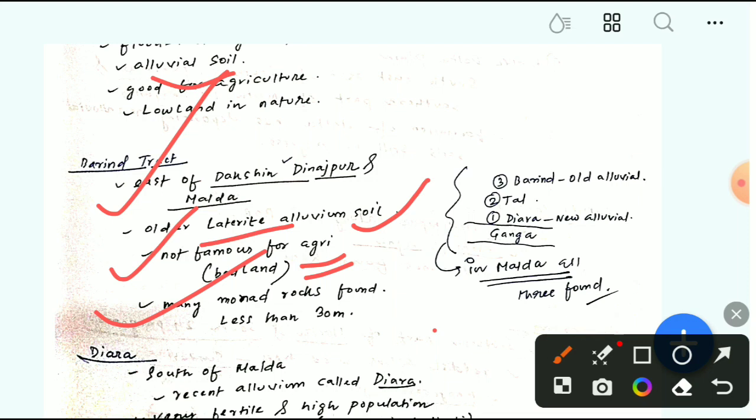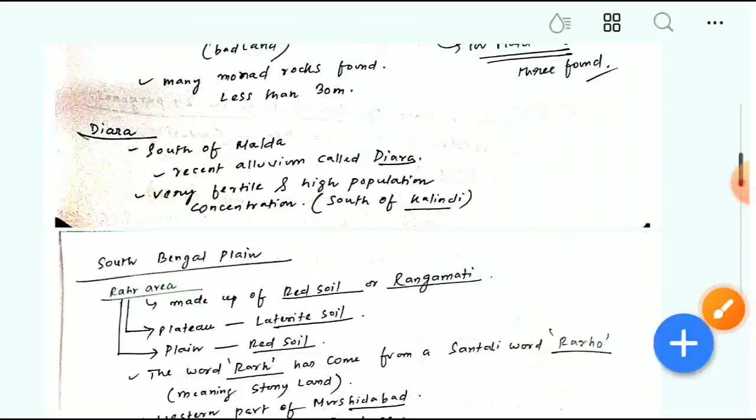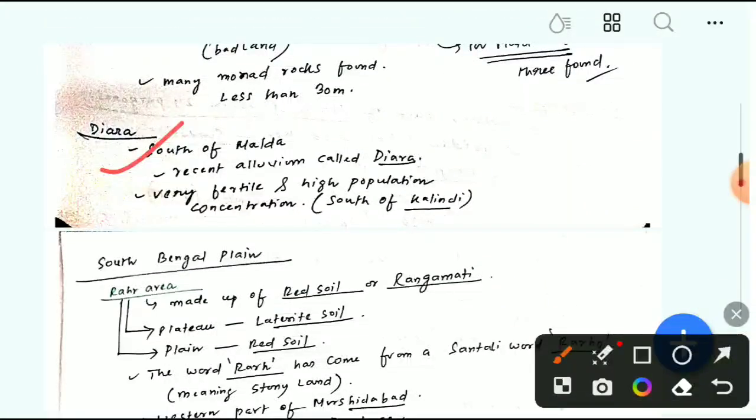Here I have given the diagram. You can see if this is the Ganga, first is Diara, that is new alluvial, second is Tal and third is Barind. So in stages, first is Diara, that is new alluvial, and Barind is old alluvial. In Malda all 3 regions are found. Next is Diara, it is south of Malda, a recent alluvial.